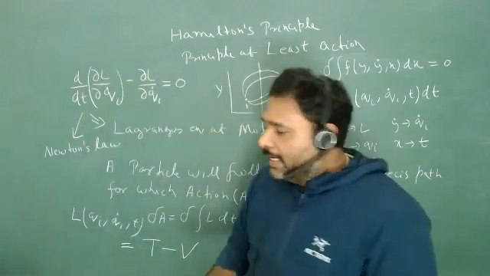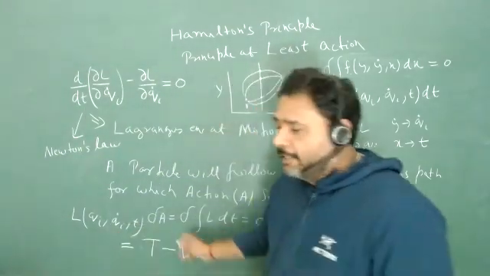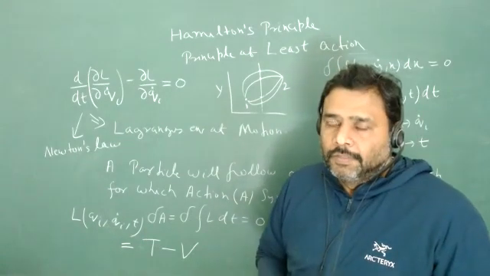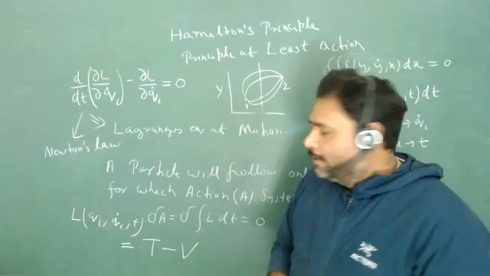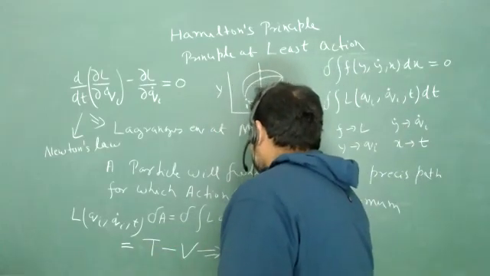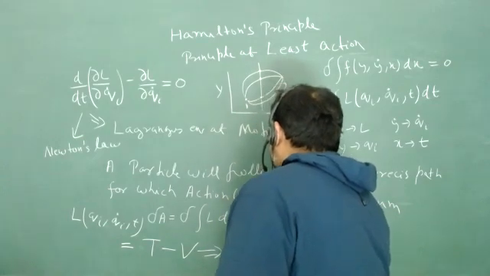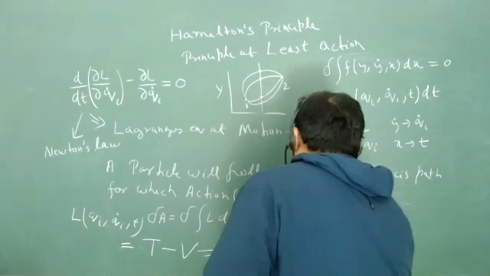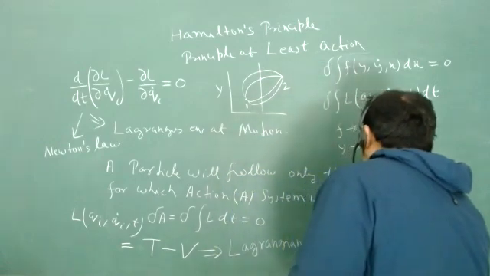And finally, this is identified as the very famous formulation known as the Lagrangian of a system.